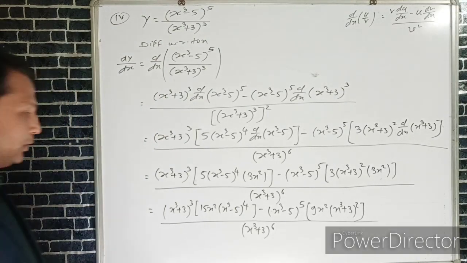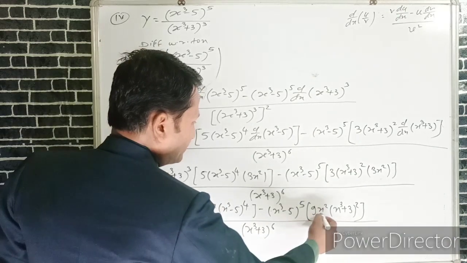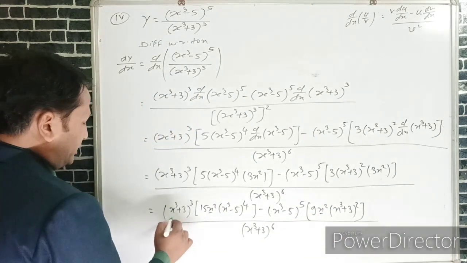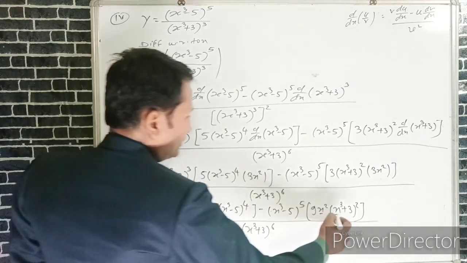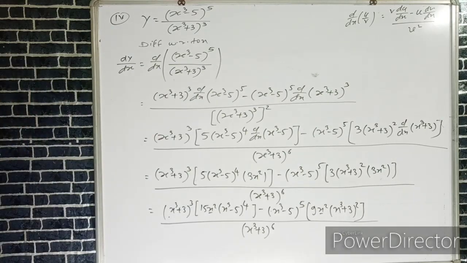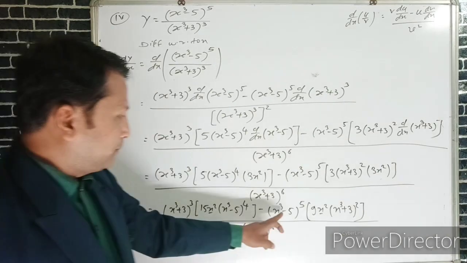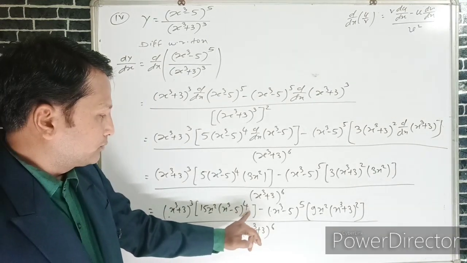After that, we can take x square, (x cube plus 3) whole bracket cube, (x cube plus 3) raised to the power 2, (x cube minus 5) whole raised to the power 5, (x cube minus 5) whole raised to the power 4.